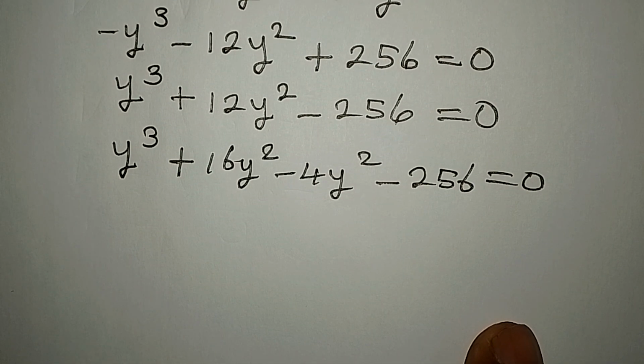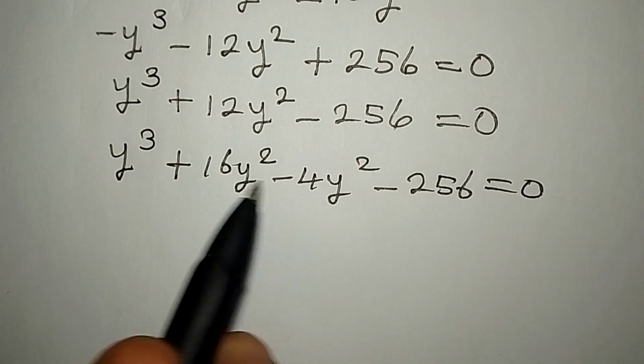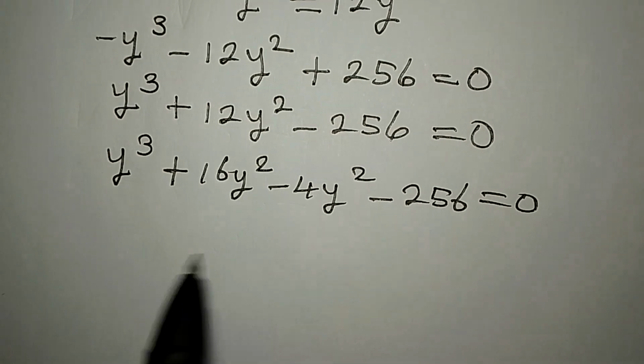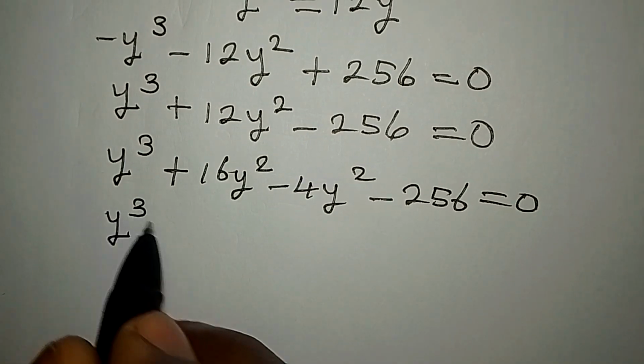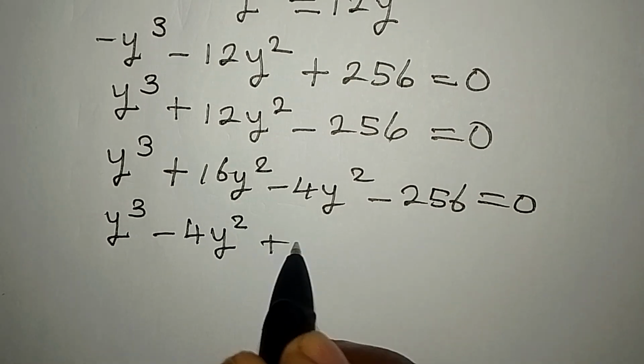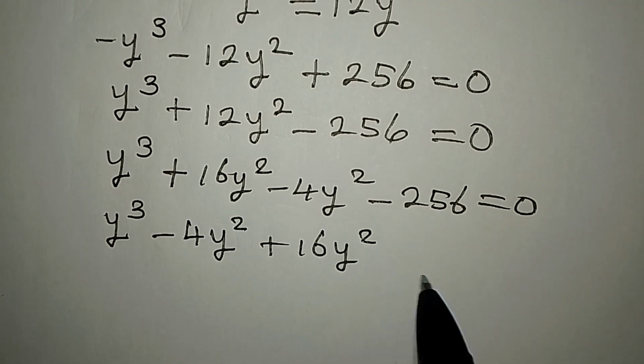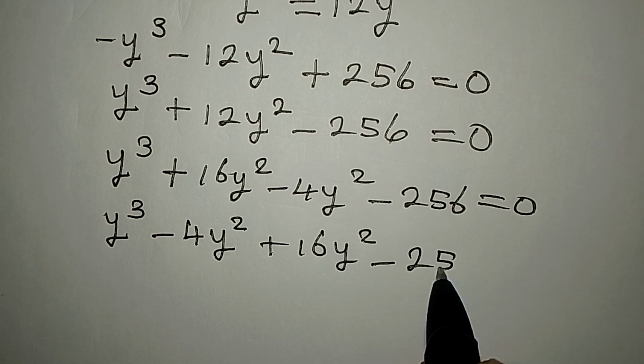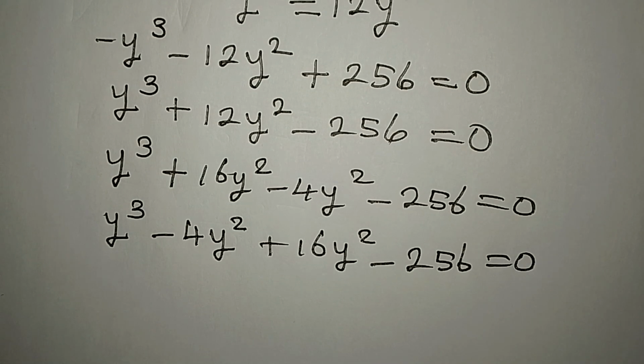Now the next thing I'm going to do is to rearrange. I want this to work with this and this to work with that. So y to the power of 3 minus 4y squared, then plus 16y squared minus 256 equals 0.